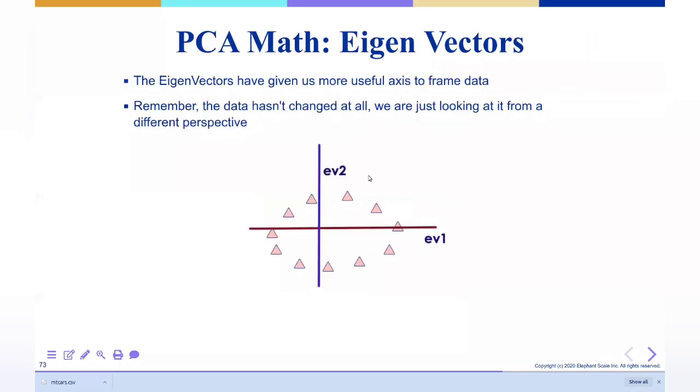Now I can capture this data along different axes, eigenvector 1 and eigenvector 2, which try to capture as much data as possible. The thing to remember is the data hasn't changed, it's the same data. We're just rotating the axes a little bit. It's going to make sense.